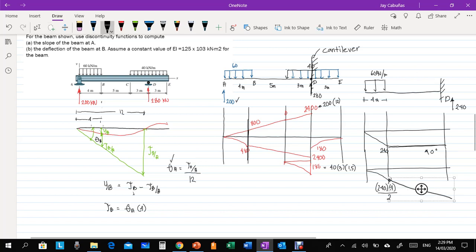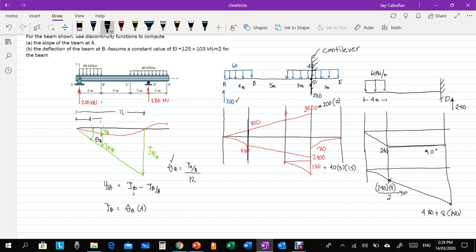So we have a downward straight line. That is 480, since this is 480, plus 8 times 240.